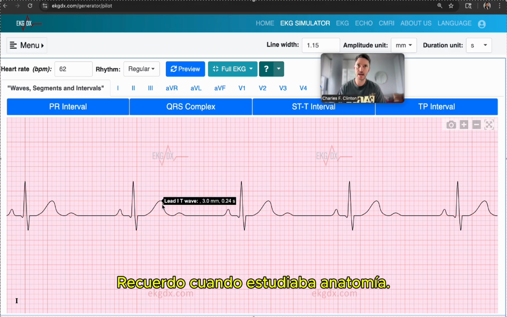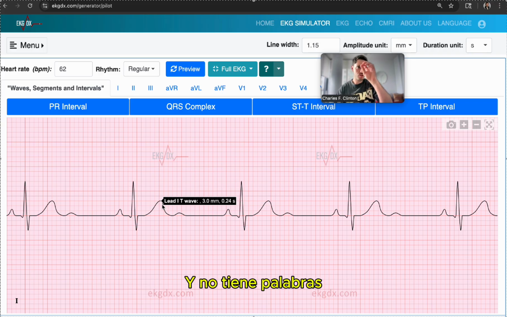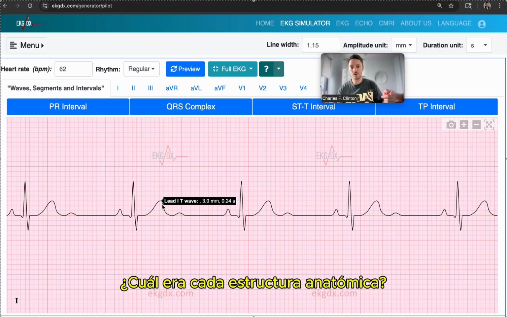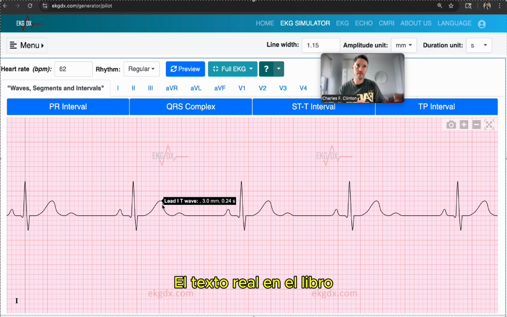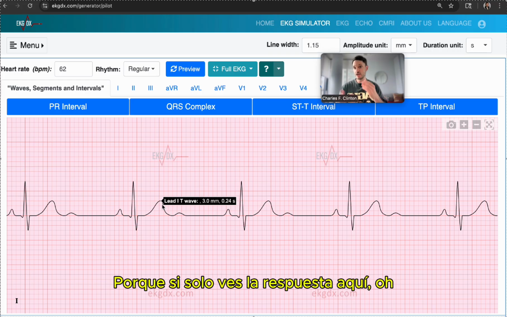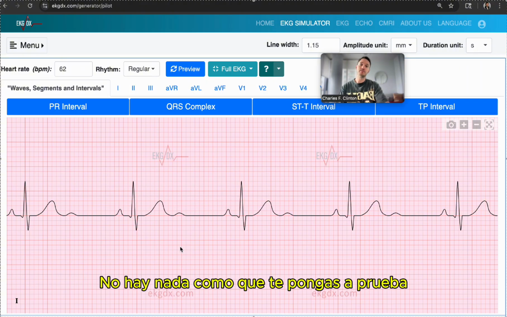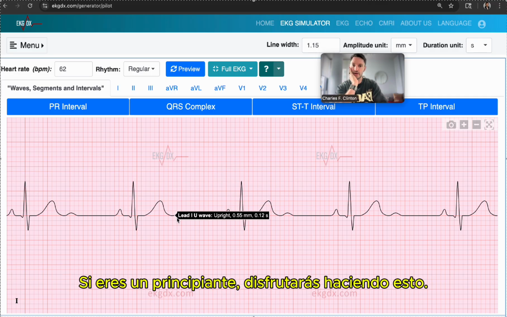I remember when I was studying anatomy in medical school that there was this CD or application that had Netter's anatomy, and it has no words on it, and you had to basically answer yourself what was each anatomical structure, and you could quiz yourself, and then you could reveal the actual text in the book, and there was no way to beat anatomy learning than that. Because if you just see the answer here, oh, you just see a P wave, R wave, there's nothing like for you to test yourself. But this way you can test yourself, and of course if you're a beginner, you're gonna enjoy doing this.